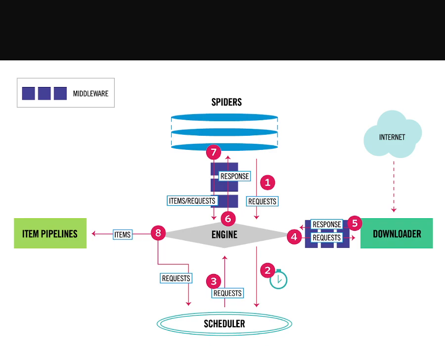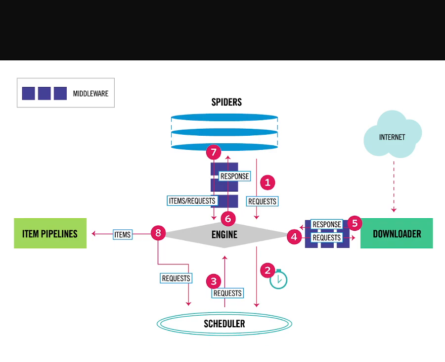It makes the request, and the request is sent to the engine. The engine then sends these requests to the scheduler. So in Scrapy, first a request is made, and the engine is the one who communicates with the different units of the Scrapy framework.